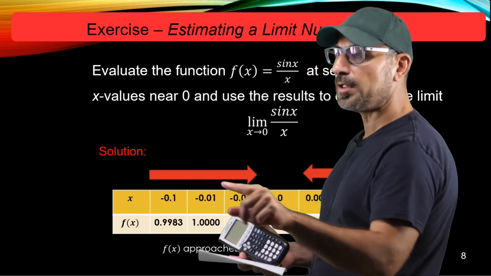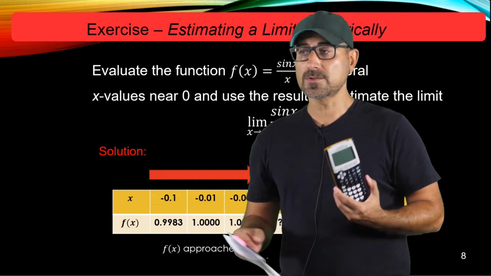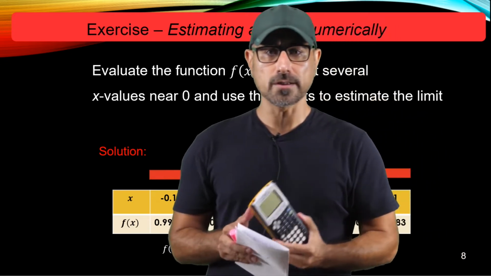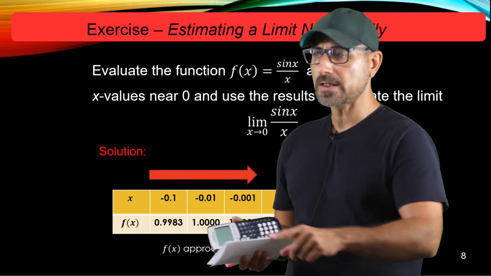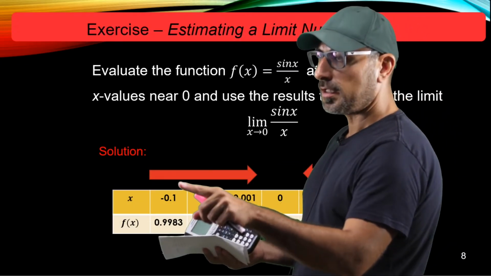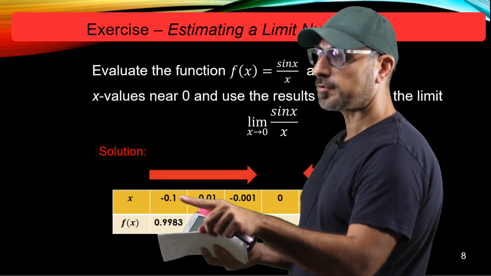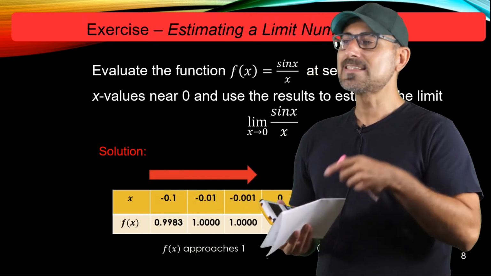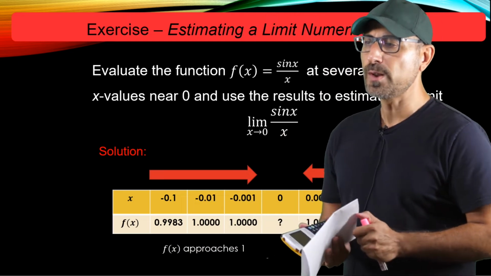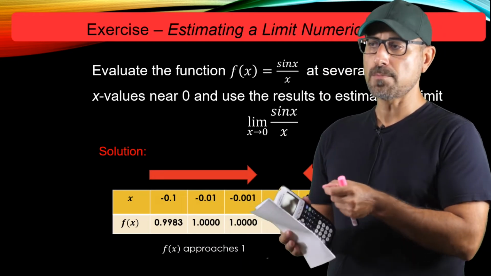And for your reference, don't forget to set the calculator to radian mode, because these are all radian values. For example, if you want to get the y value for this point, you're going to punch into your calculator sine of -0.1 divided by -0.1, and you're going to have a number eventually.